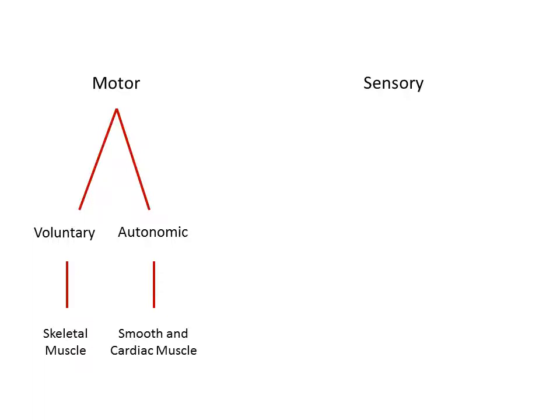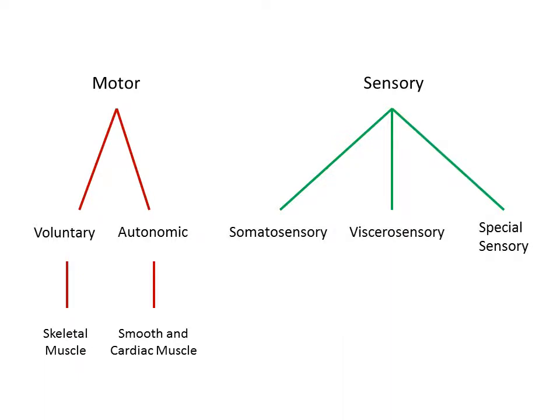The sensory system can be broken up into three different subgroups. These would be somatosensory, viscerosensory, and special sensory, although some people will put viscerosensory as a part of somatosensory. Somatosensory is going to innervate things like our skin, our muscles, and our joints.